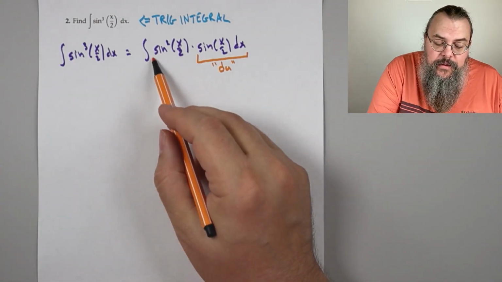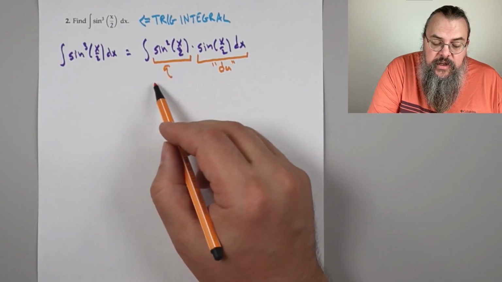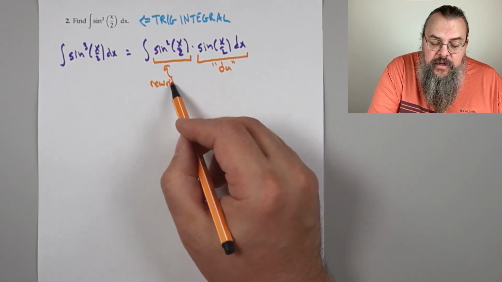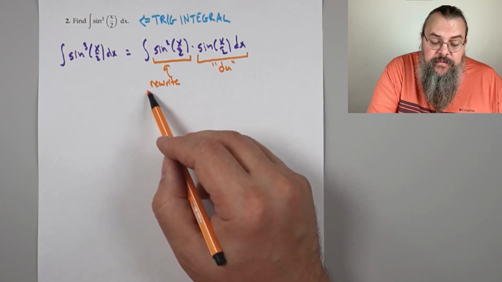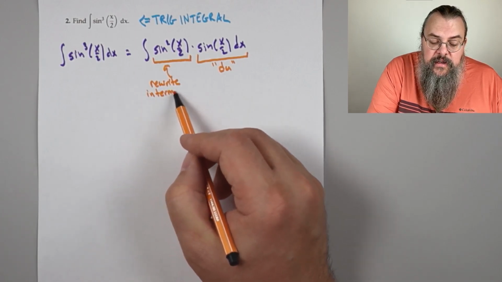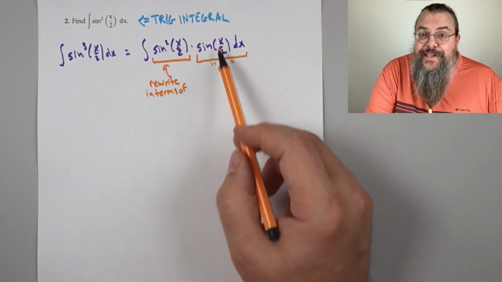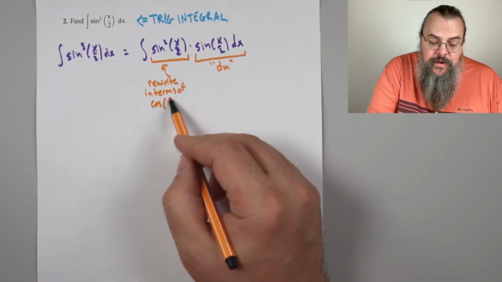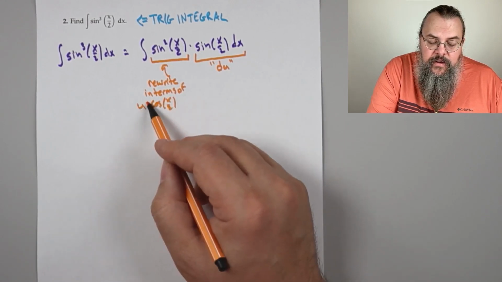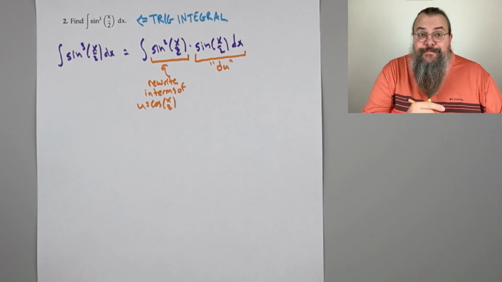Well, the punchline is we're going to rewrite this other part, because now it has even powers, in terms of the cosine. Now why? Well, because the derivative of cosine looks like sine. So this would become our du. So this is the goal.